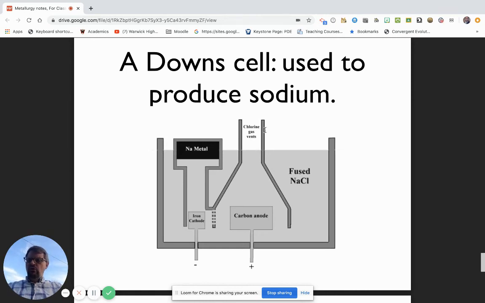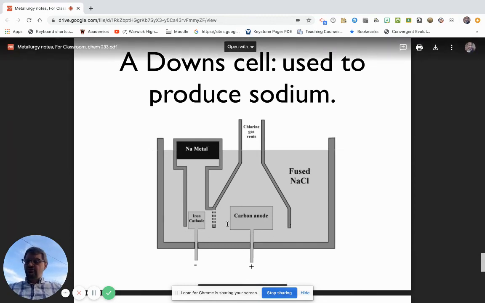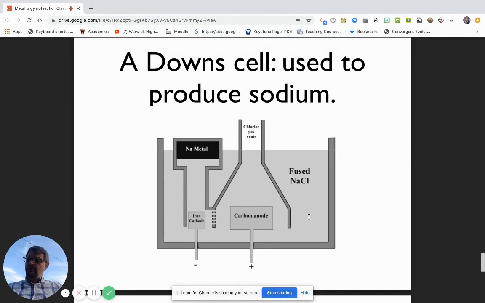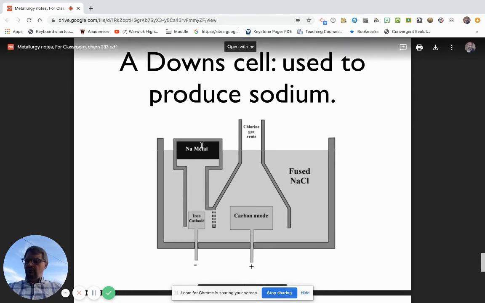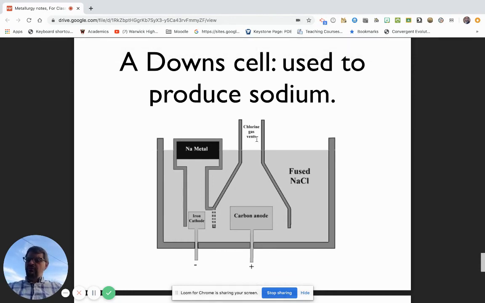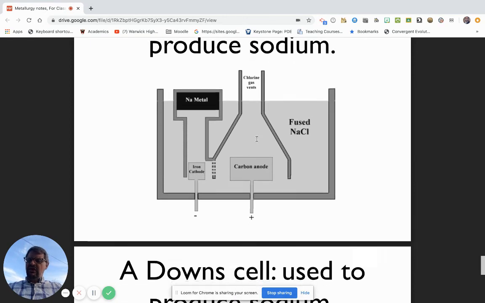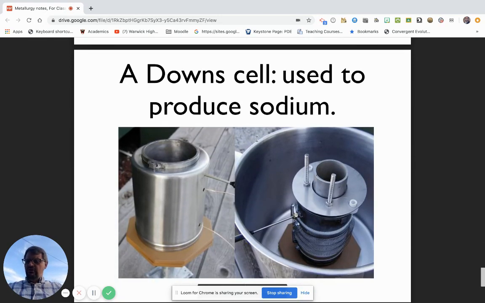You'll get pure chlorine gas formed and pure sodium metal. So that's a method where if you run electricity through a compound, you can separate it into a metal and the other non-metal that it's bonded to. So that's an example of electrometallurgy.